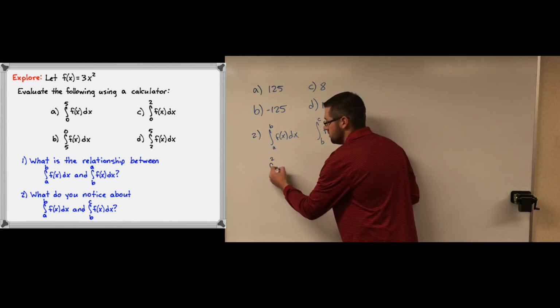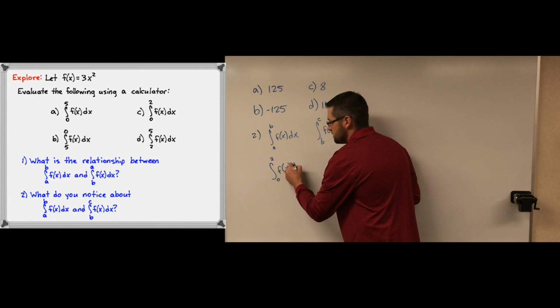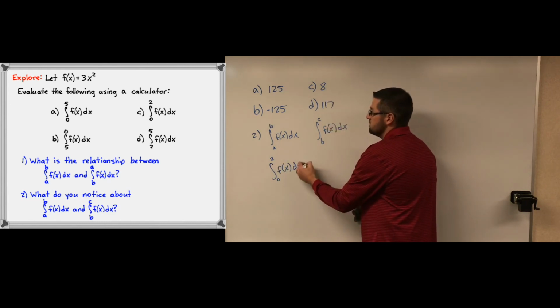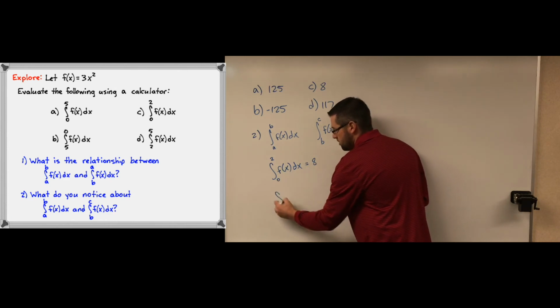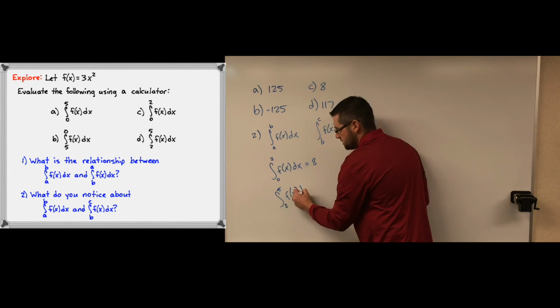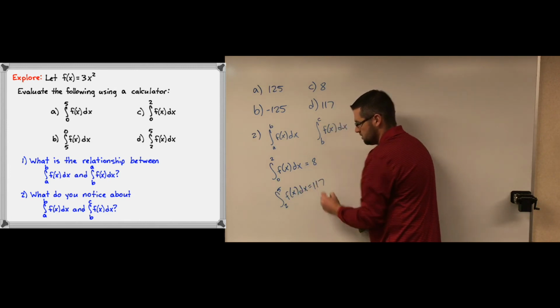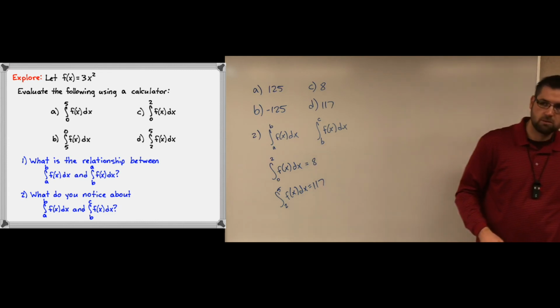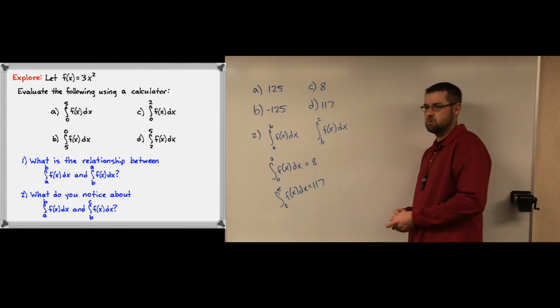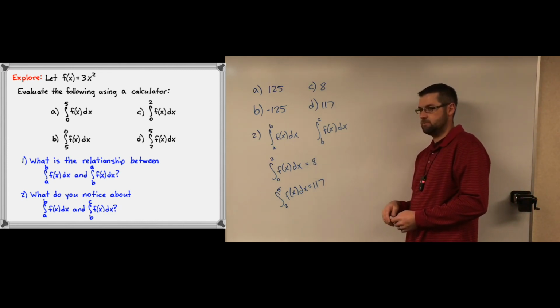So let's look at that concrete example here. The integral from 0 to 2 of f of x dx is what? 8. And the integral from 2 to 5 of f of x dx is 117. We kind of talked about this one yesterday. What's the relationship between these two?